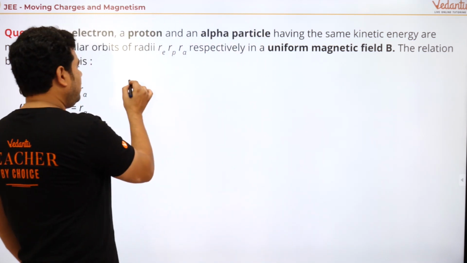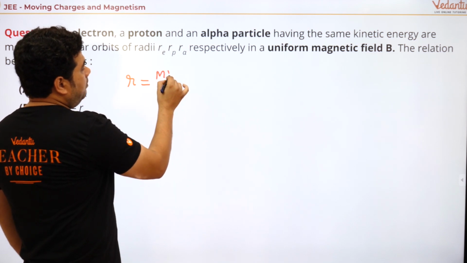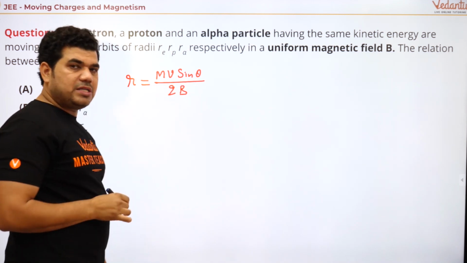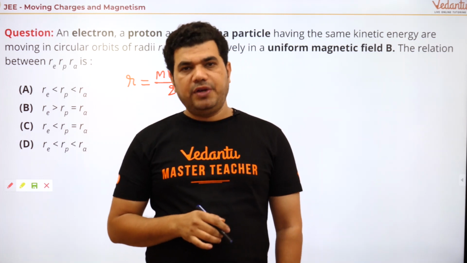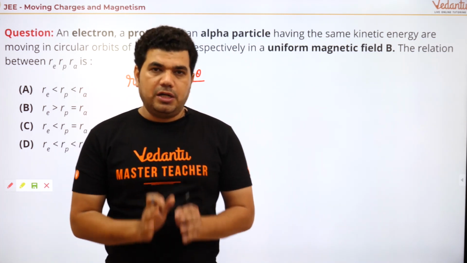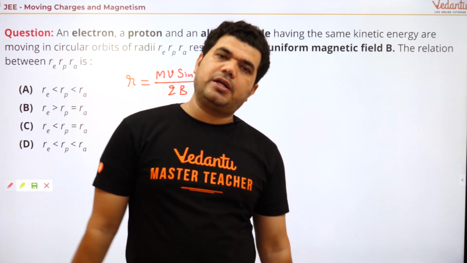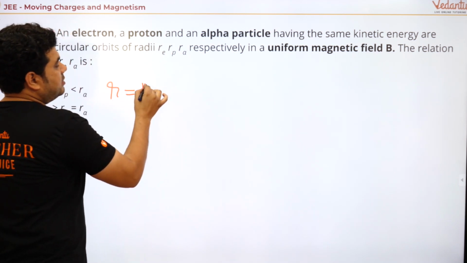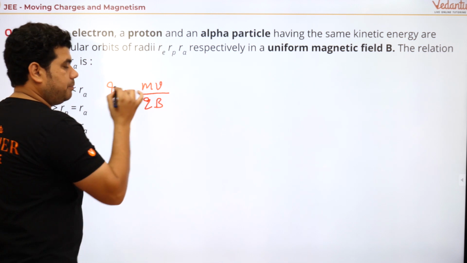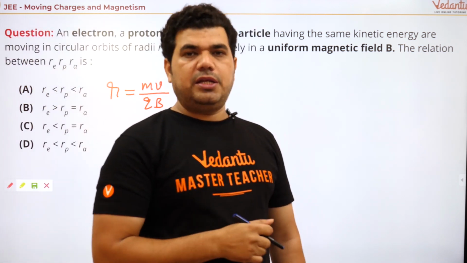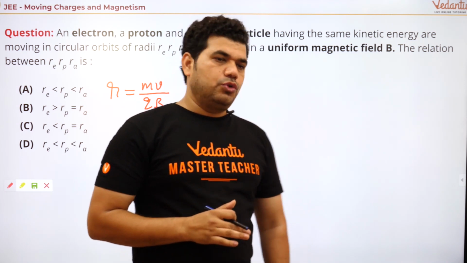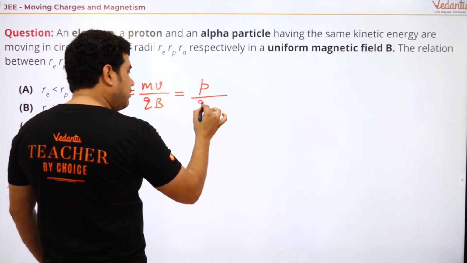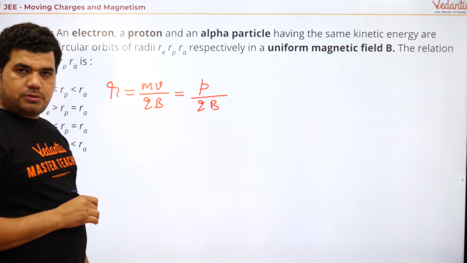Formula R is equal to mv sin theta upon qB if it is at an angle theta with respect to the magnetic field. Okay, suppose if it is not at an angle theta with the magnetic field, and is entering perpendicular, then we have a very simple formula, and that formula is R is equal to mv upon qB, right? And we can write this in another way. mv is also the linear momentum, so magnitude of linear momentum we can also write p divided by qB, another formula for the radius.